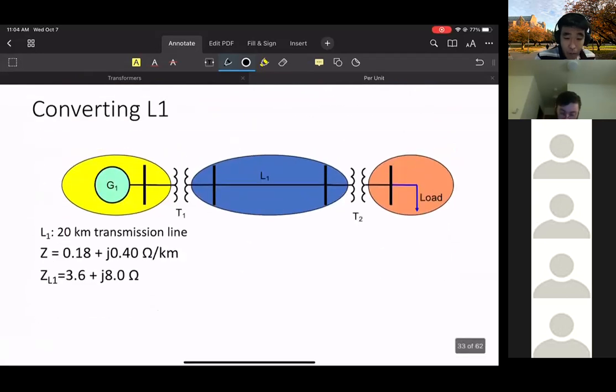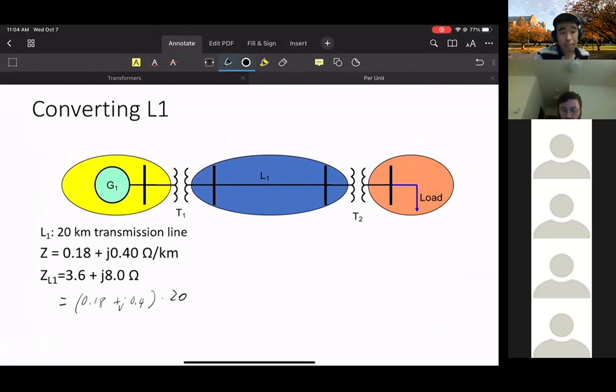So let's look at L1. Okay, remember this is a 20-kilometer long line. So to get the impedance in SI units in ohms, what we have is 0.18 plus J0.4 times 20, right?